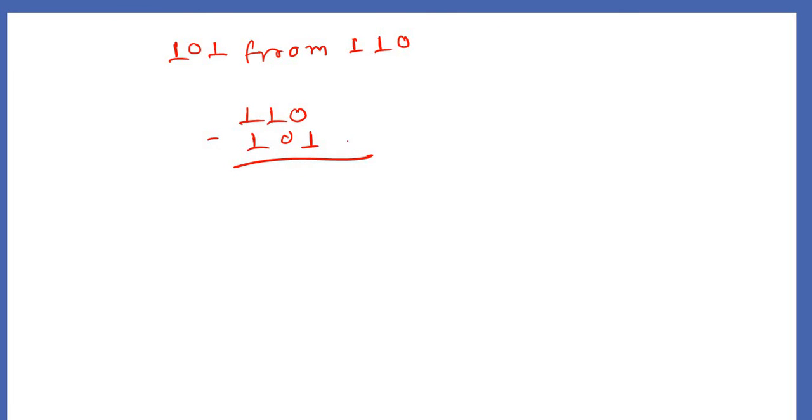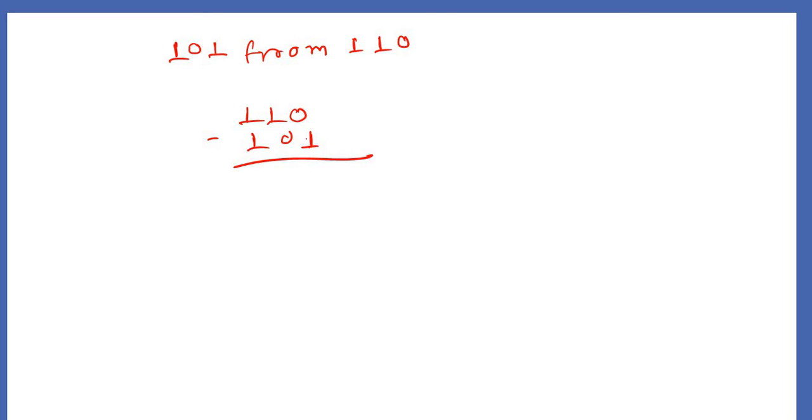Okay, now the next question is subtract 101 from 110. 101 from 110, that means find 110 minus 101. Okay, now 0 minus 1, that means the upper digit is less than the lower digit.